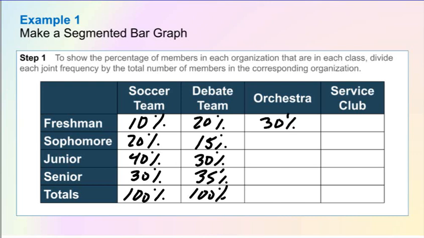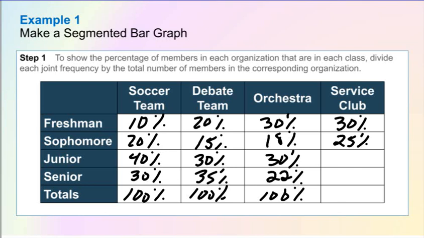Orchestra, that's 30% freshmen, 18% sophomores, 30% juniors, and 22% seniors, which is also 100%. And then the service club, we got 30% freshmen, 25% sophomores, 22.5% juniors, and 22.5% seniors. That's also 100%.